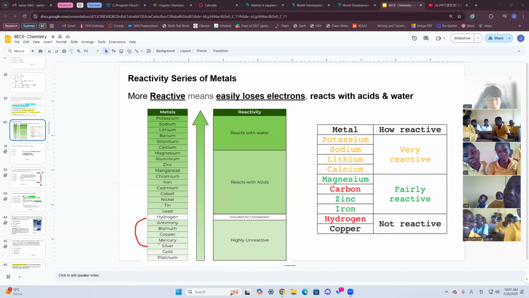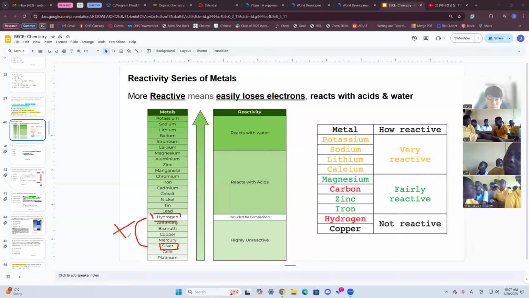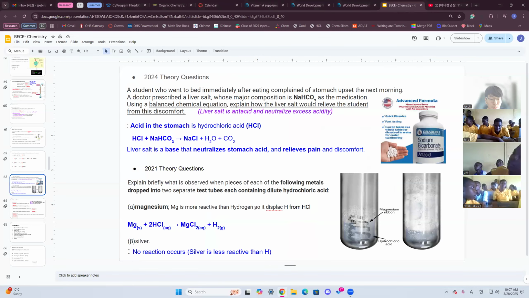And we can see that silver does not react with hydrogen. That is how you can see which ones would be displaced when dropped into hydrochloric acid. See which one is more reactive.